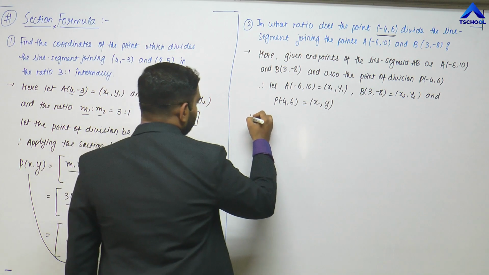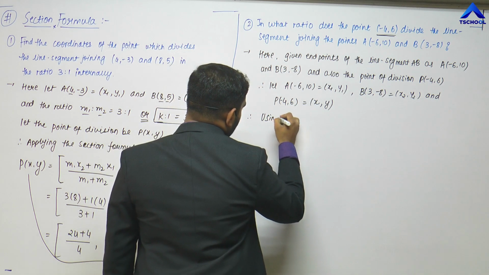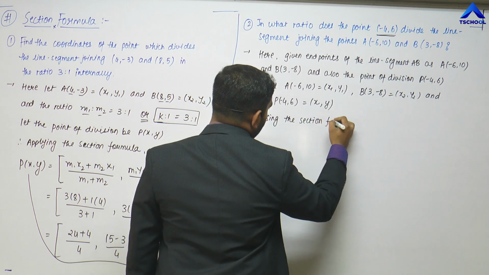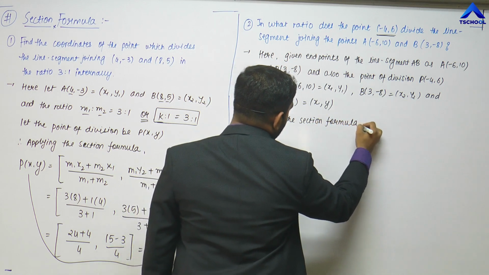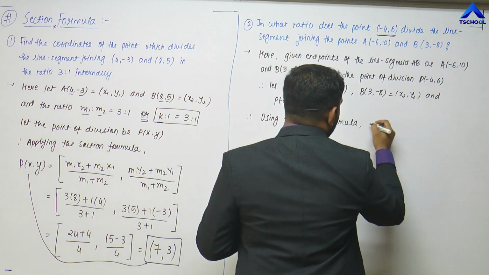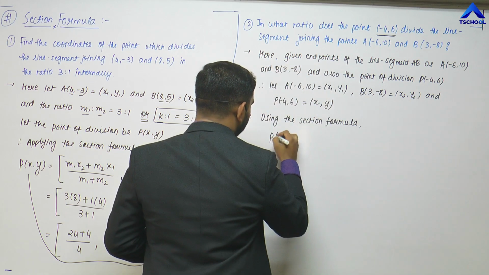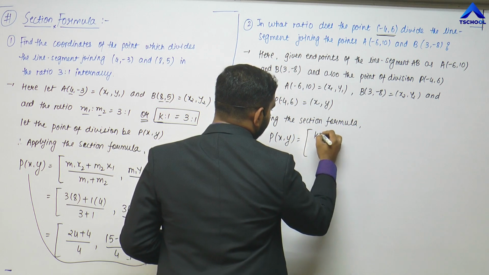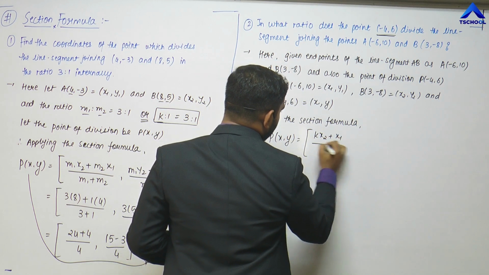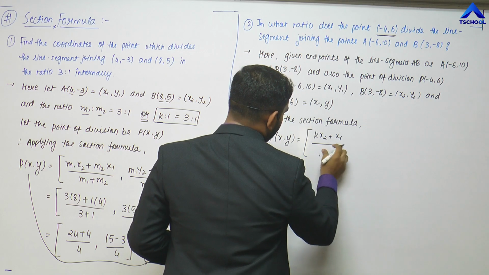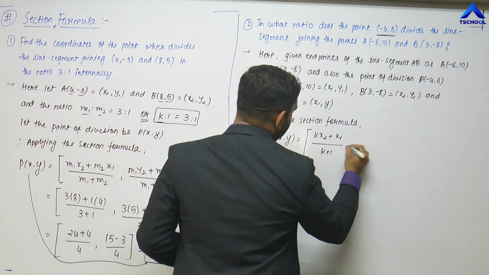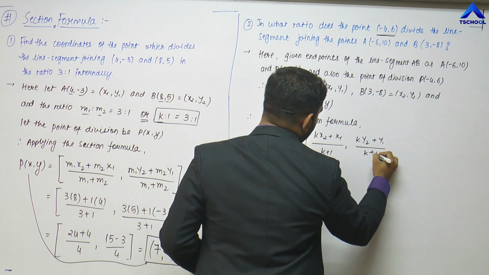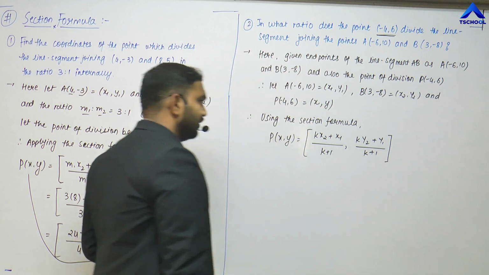Therefore, applying the section formula, that is P(x, y) equals, we shall use the second one, that is (kx2 plus x1) upon (k plus 1), comma (ky2 plus y1) upon (k plus 1).